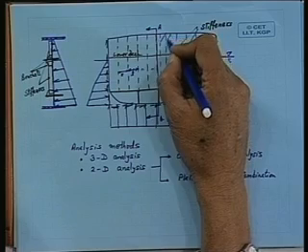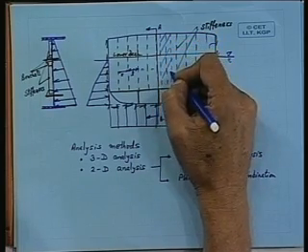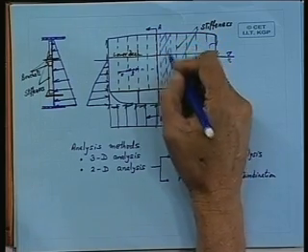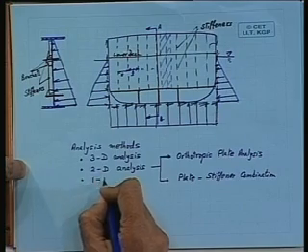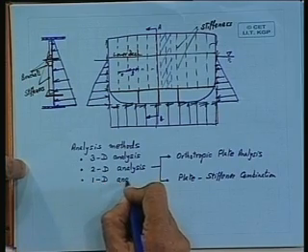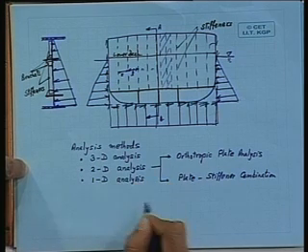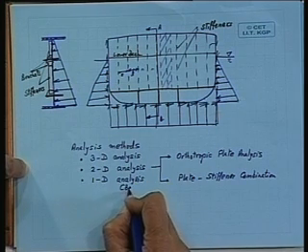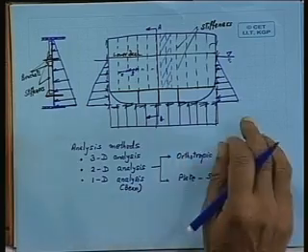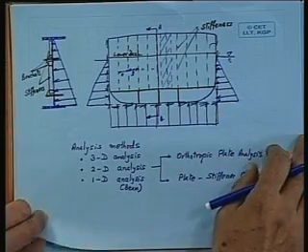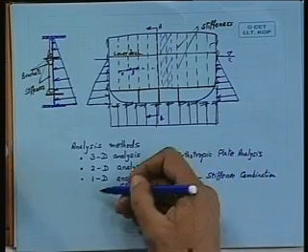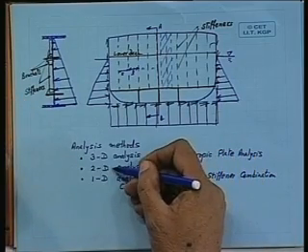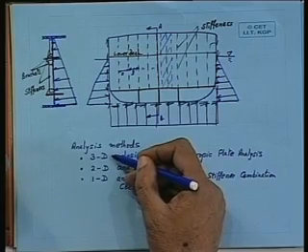Okay? Only one part of it we take, this much of plate with one stiffener, and try to analyze it as a beam, and then we come back to a one-dimensional analysis. That means you simply consider it to be a beam. Obviously, if you go in the reverse order, this is the simplest of the lot, then this becomes slightly tougher, and this is the toughest of the lot.